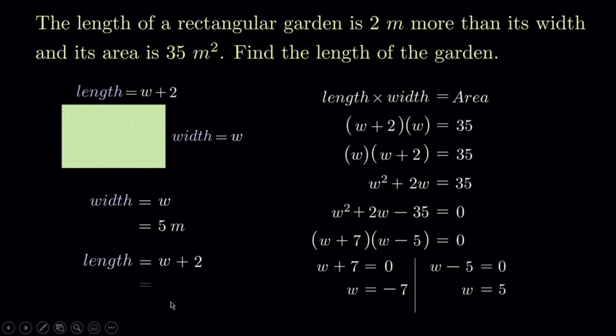So, W, replace it with 5. So, 5 plus 2, that is equal to 7. And then, idagdag natin yung unit, meters. Okay? So, we can now answer the question. Sabi dito, find the length of the garden. So what is our answer? It's 7 meters. Okay? I hope you understand the lesson. Sige, you try to practice the following questions.